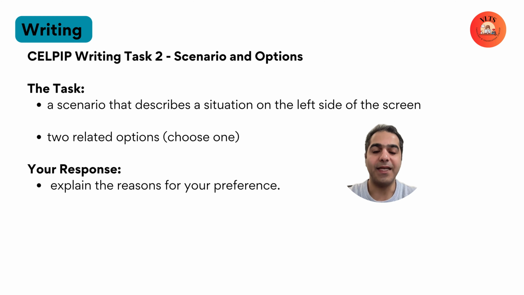Choose one option that you agree with more. Once you've chosen an option, your task is to explain the reasons for your preference. Focus on how this chosen option would impact you and the characters mentioned in the scenario.